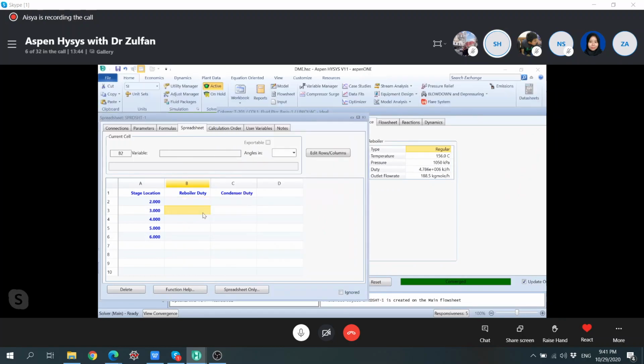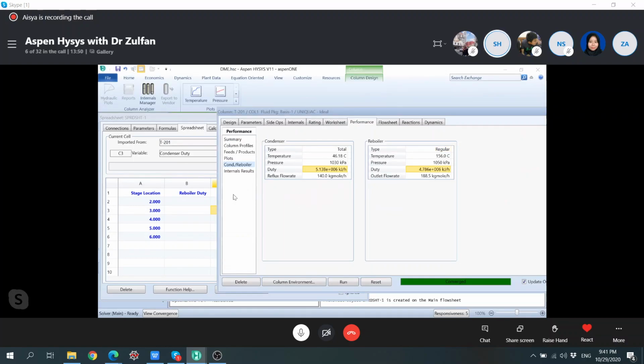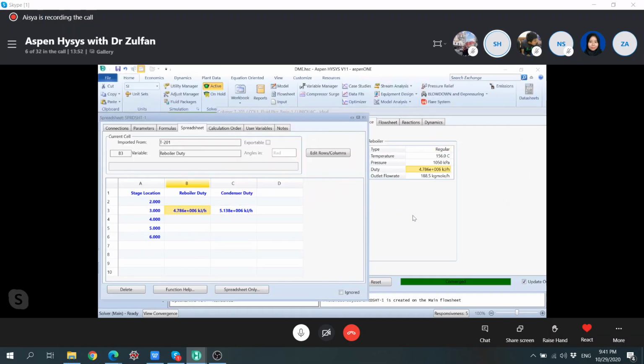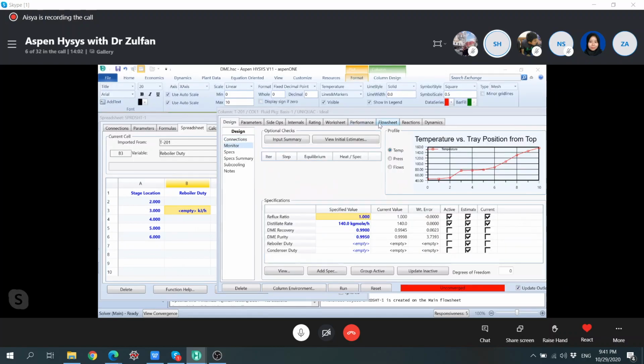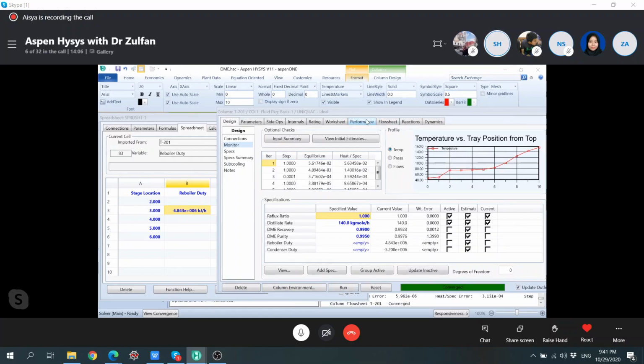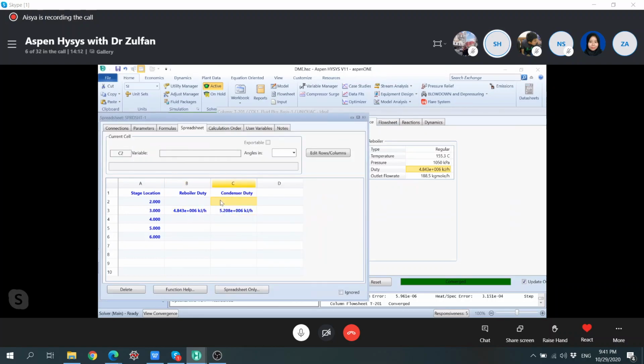Copy, paste. Can you copy paste? Yeah. And then now you change it to stage 2. Exactly. Run. And then copy condenser stage 2.